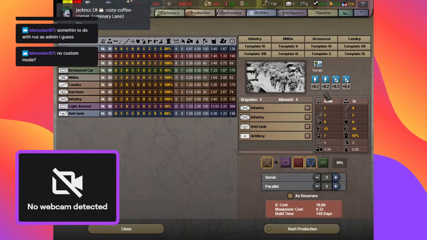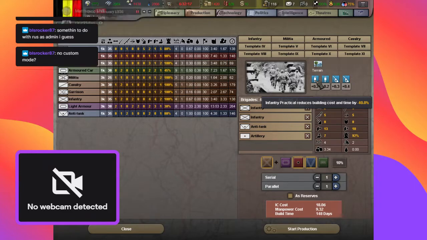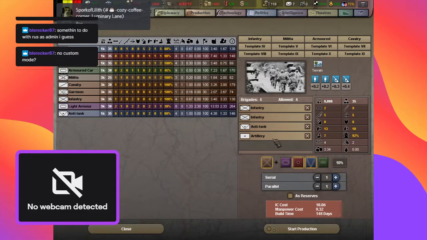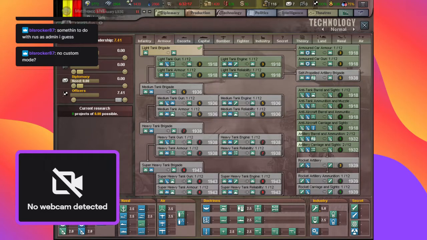Okay, so that actually deals with technology, because that's the practical effect of building those units. So how it works is, do you see on the bottom left-hand side, you see land, right?